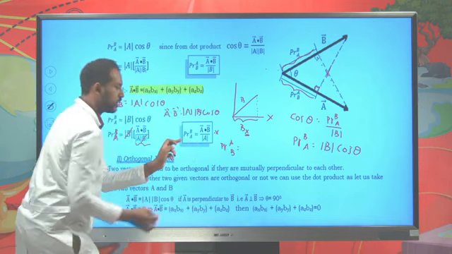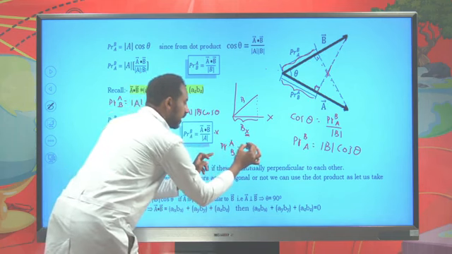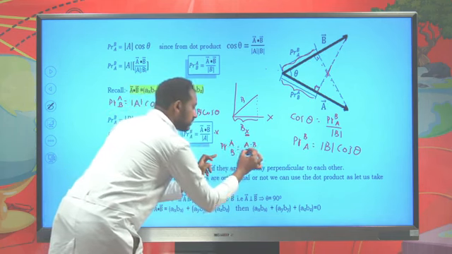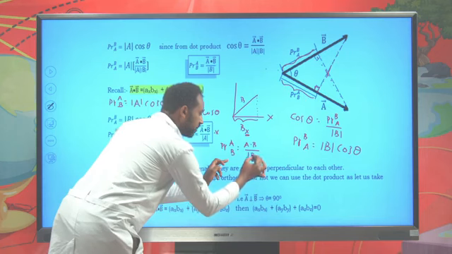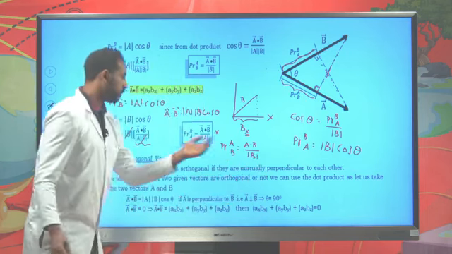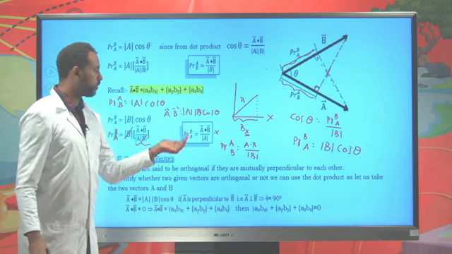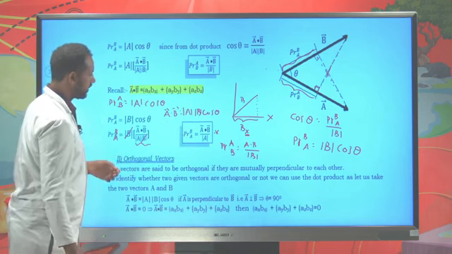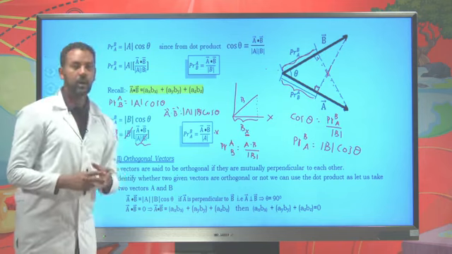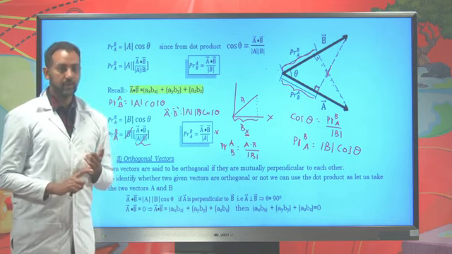If you are asked such a question, you have to put A dotted B over the magnitude of B. It's possible to use this way to determine the projection of one vector onto the other vector. So this is one good application of vectors.